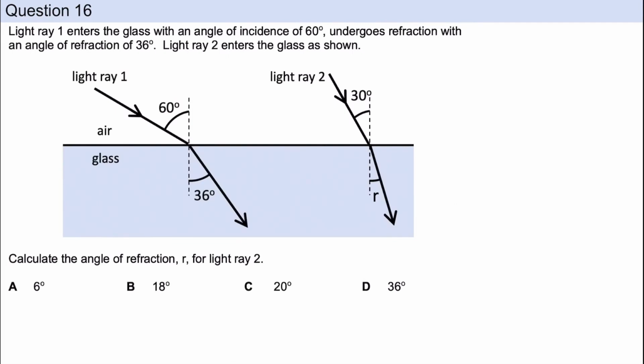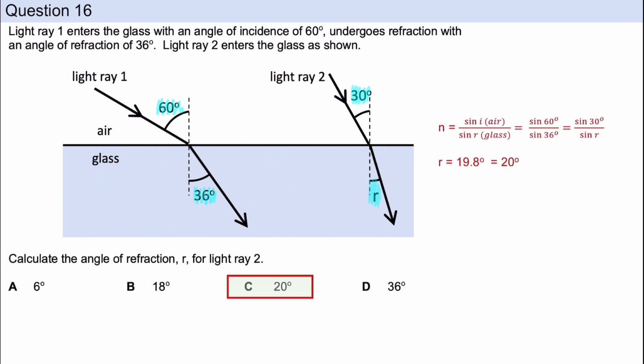Question 16. Test your understanding of refractive index and angles of incidence and angles of refraction. From light ray 1, you can find that the angle of incidence is 60 degrees and the angle of refraction is 36. From light ray 2, it is 30 degrees for the angle of incidence and angle R for the angle of refraction.